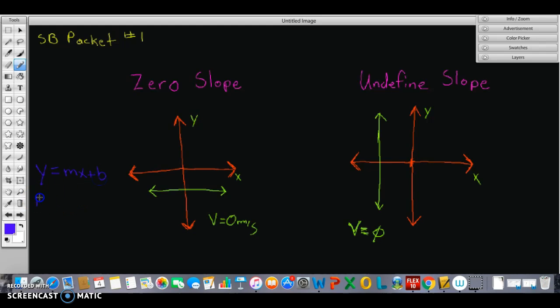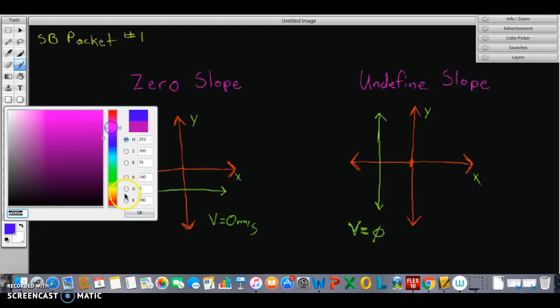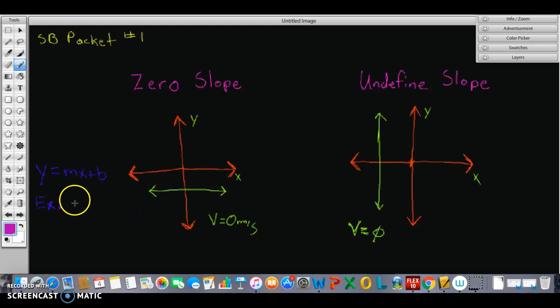And let's say, for example, our equation is y equals 2x plus 1. What is the slope and what is the y-intercept, or what is m, what is b?